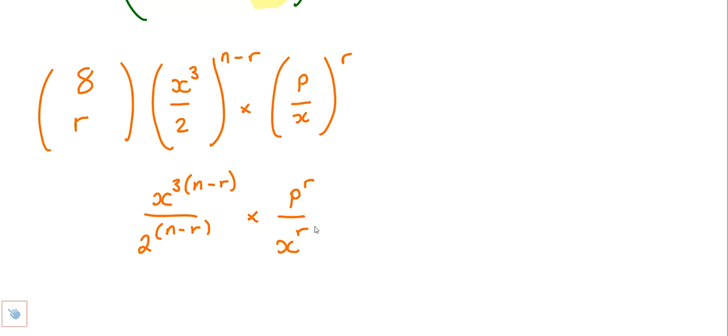Now, what needs to happen? What needs to be true for this to be a constant term? Not the x's, but the powers of x's need to be. So what we're saying is this, whatever this is, has to equal whatever that is.